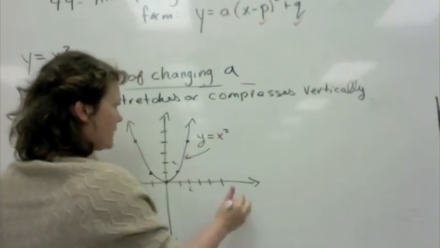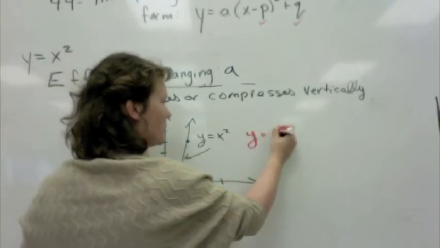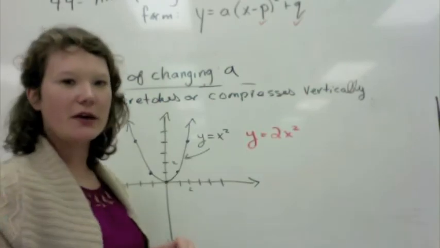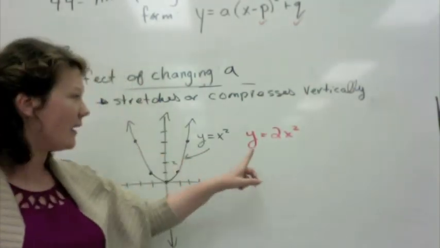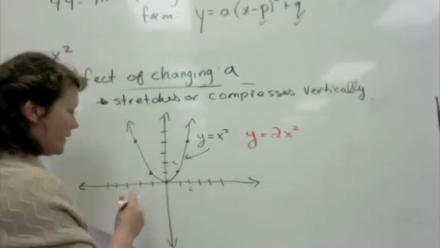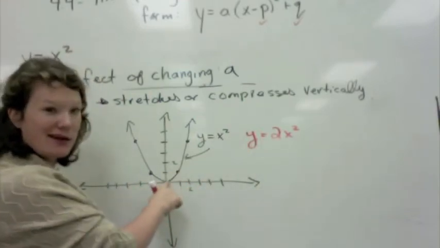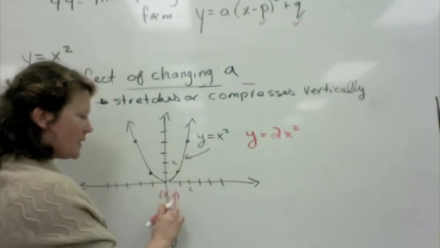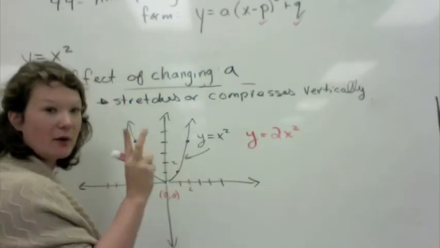If I were to say something like y equals 2x squared, what we're gonna do is take all of our y values and multiply them by 2. So the coordinate point for here is just 0, 0. So I'm taking the y coordinate and multiplying it by 2.